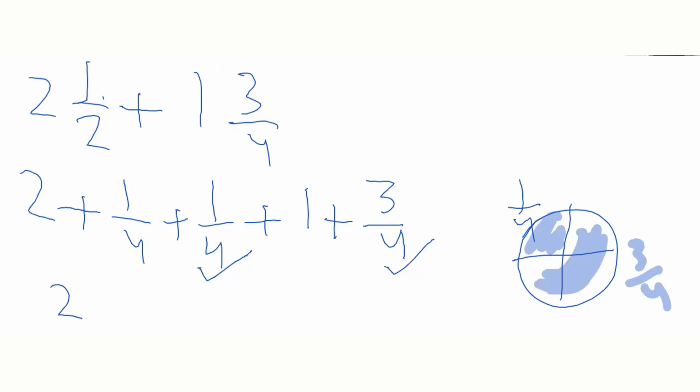So 2, then 1/4, then these two things after being added up, 1 and then 1. Let me count: 2, 3, 4, 4 and 1/4. She already has 3 in total. She only needs 1 and 1/4 more.